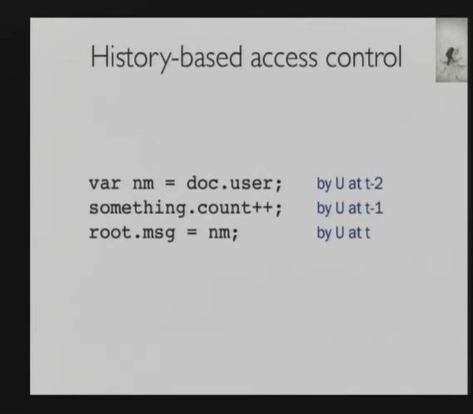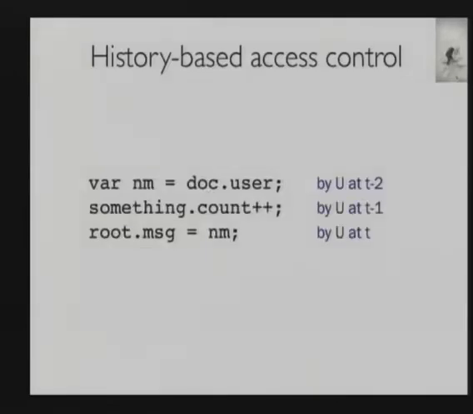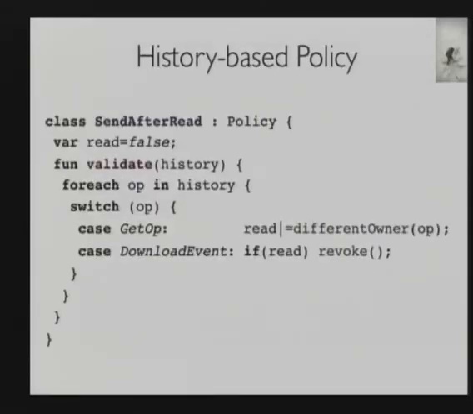So basically what we do is this. We let the untrusted code run up to a certain point. We grab a history, and then we look at that history and decide whether the operations in it are valid. So what would be a policy? I said they're user-defined. So this is sort of pseudocode to define a policy.